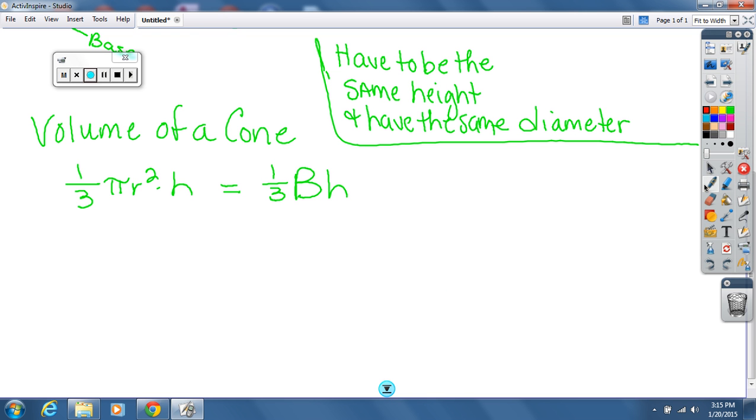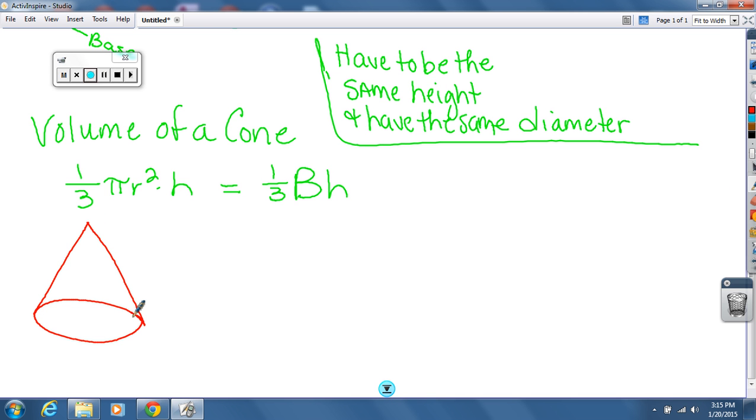On the exam, you will have questions that go back and forth. Okay, so be aware of that. Let's see, looking for a big problem. We actually want to find the height, so here's one. We have a cone, and the radius is 21.